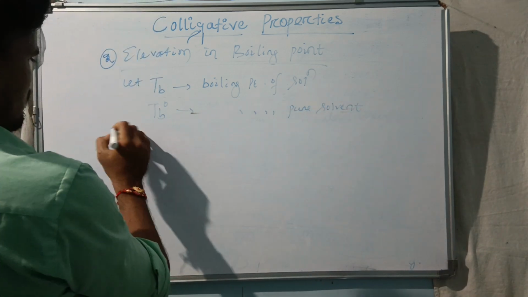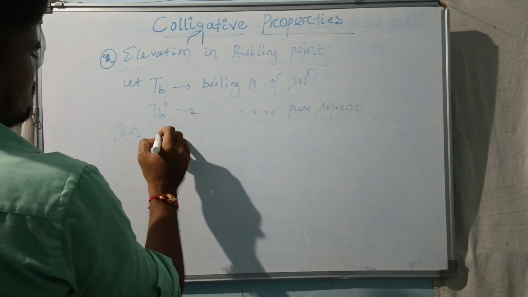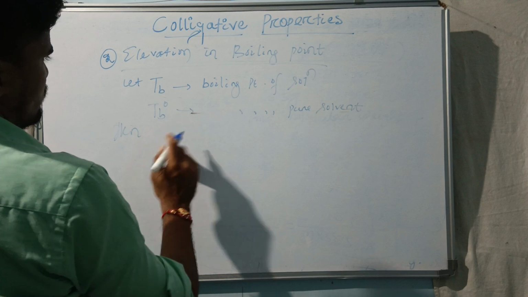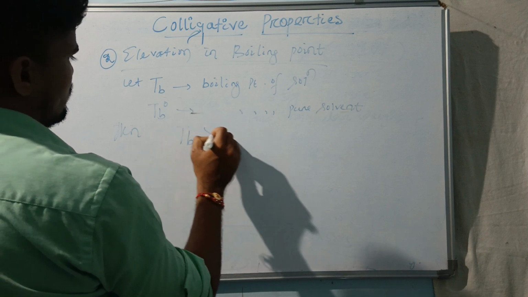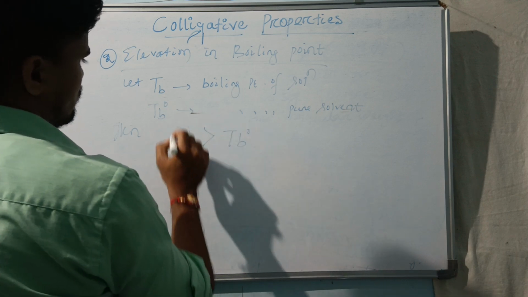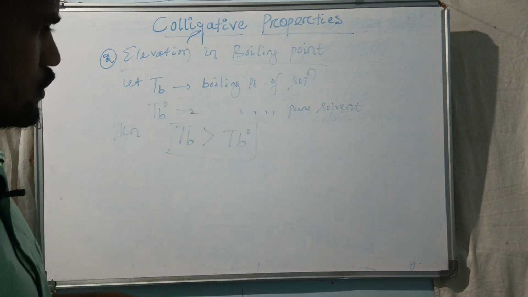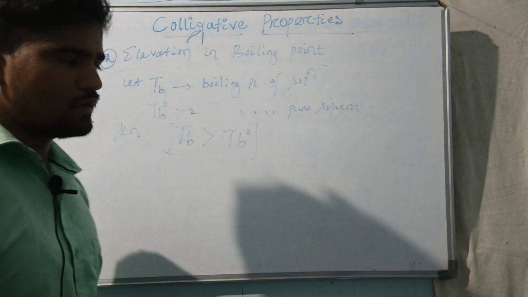Then TB is always greater than TB node. The solution has the higher boiling point. Clear?